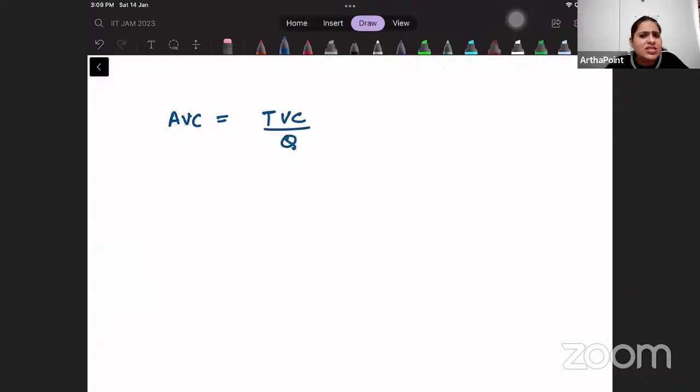What is total variable cost? It is nothing but the cost you incur on your variable input. What is your variable input? Labor. Each unit of labor gets W and I am incurring on L units of labor. This is my total variable cost, divided by the quantity.